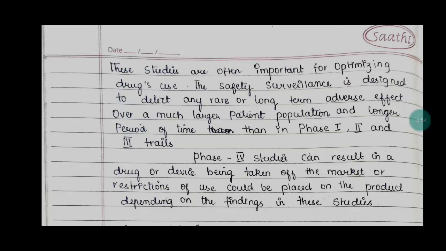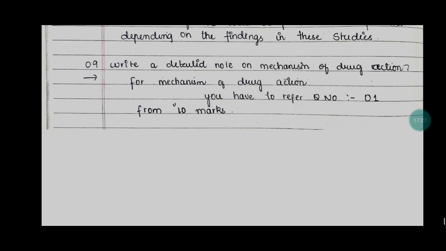The safety surveillance is designed to detect any rare or long-term adverse effects over a much larger patient population and a longer period of time than in phase 1, phase 2 and phase 3 trials. Phase 4 studies can result in a drug or device being taken off the market, or restrictions of use could be placed on the product depending upon the findings in these studies.